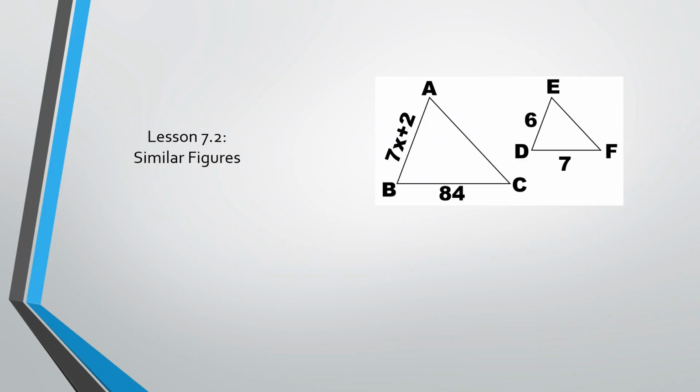So let us solve this next example. Find the measure of AB. To find out the measure of AB, here's how. Remember that you have first to write the sides present on the first figure, and that will be your first ratio.